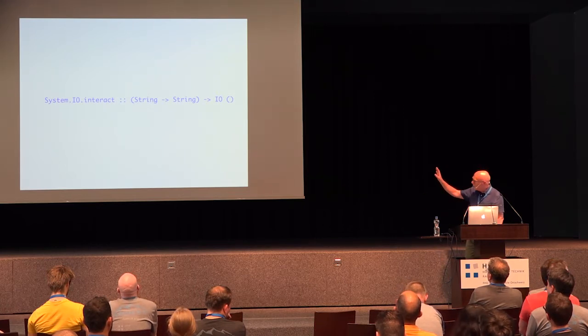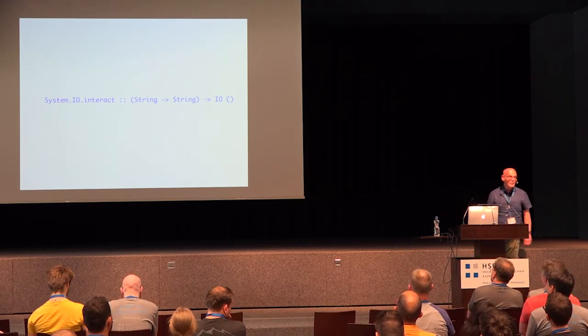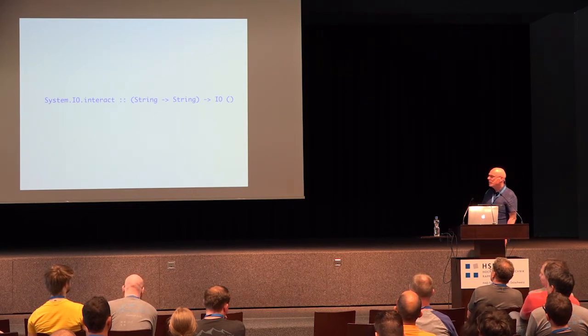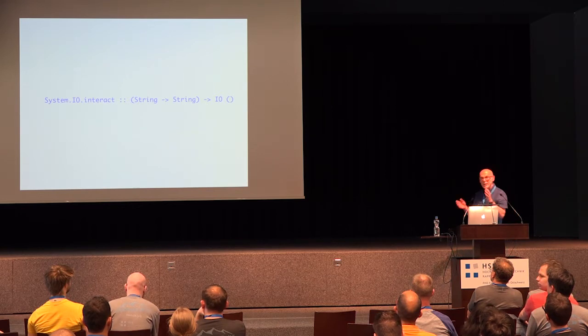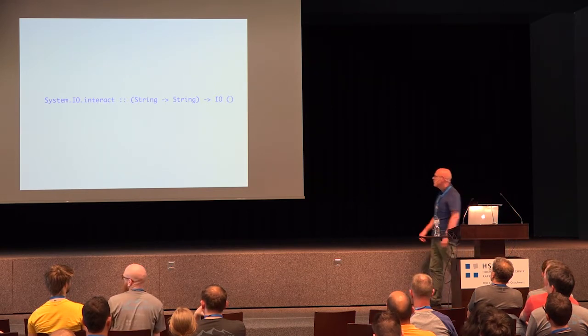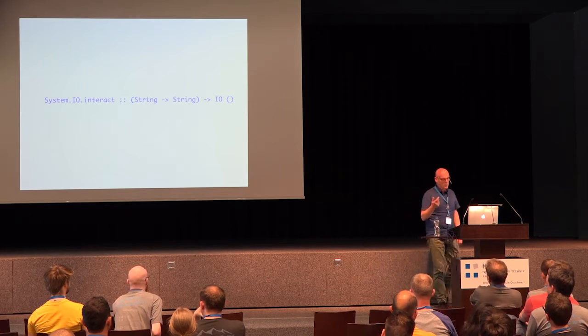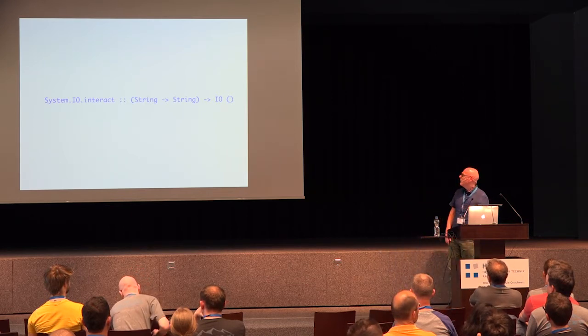In the standard prelude and in the System.IO module is a function interact. It takes a function from strings to strings and turns it into an IO program, something in the IO monad.